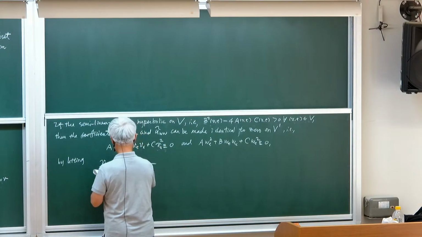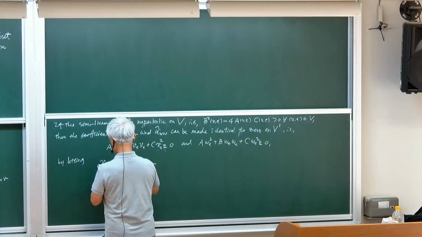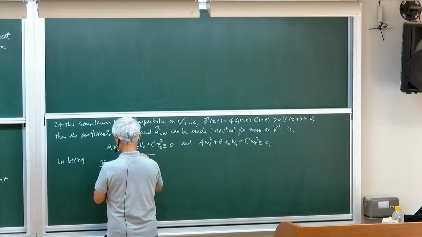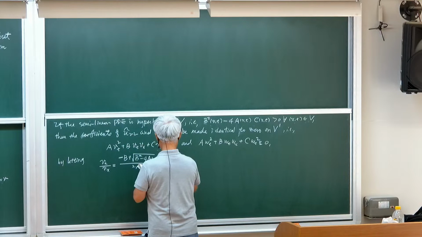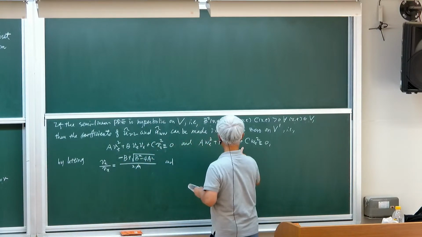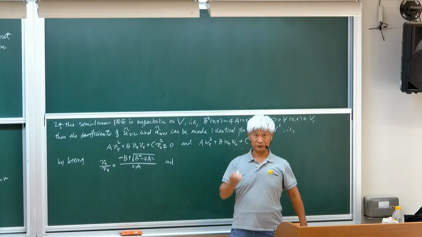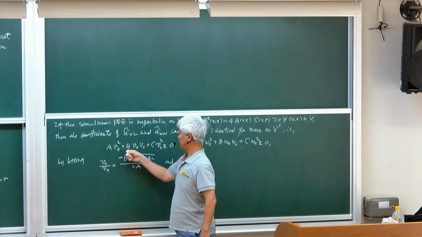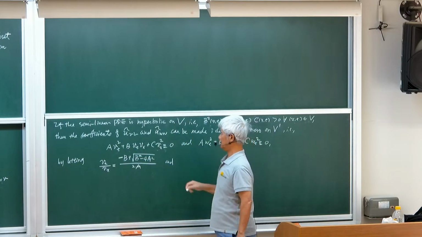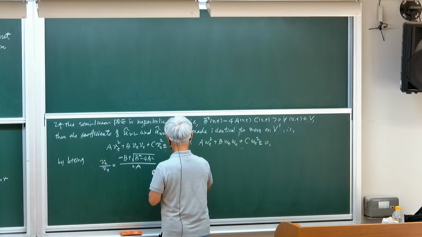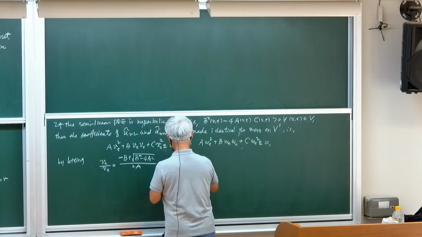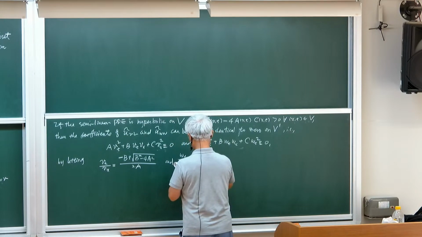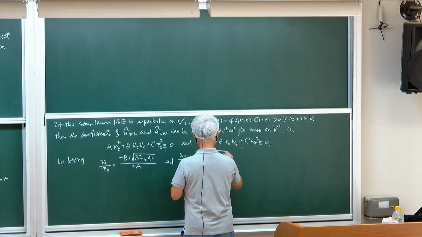You can see that this is minus b plus square root of b squared minus 4ac over 2a. And you can see that this is basically the same quadratic equation, right? The same, because they have the same coefficients there. Okay. So you have Wt over Wx equal to minus b minus square root of b squared minus 4ac over 2a. Okay.